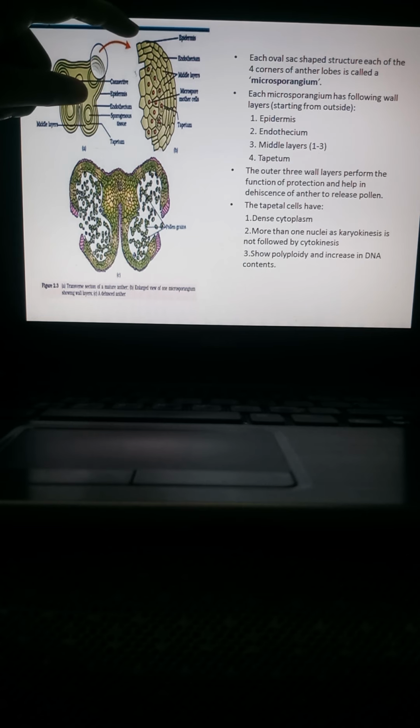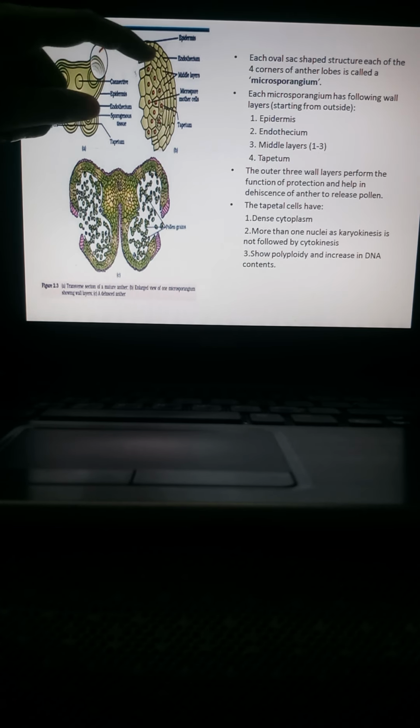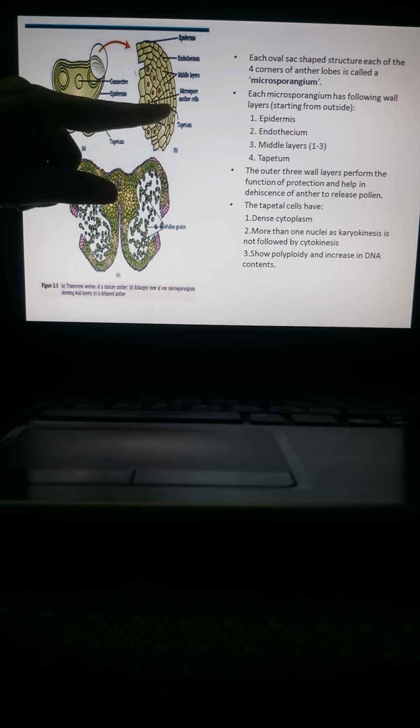As we can see in this diagram, outermost is the epidermis. You can see four pollen sacs. We are discussing the structure of one pollen sac, for example. Outermost there is the epidermis, then the endothecium, then 1 to 3 middle layers, and the innermost wall layer is the tapetum.